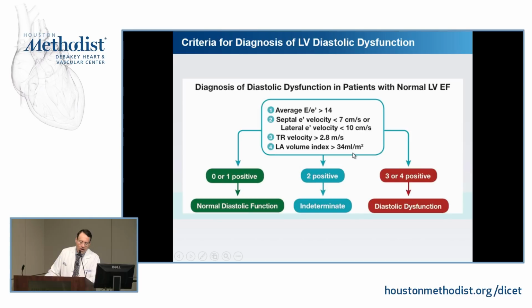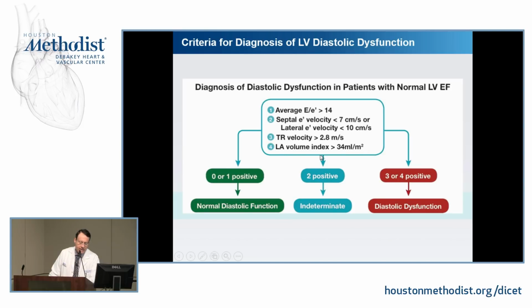Having said that, the upper limit of a normal LA volume index not only depends on the population that you study, but also depends on the methodology used to get LA volumes. NORSE showed some differences, and up to 10% of normal subjects, sorry, not patients, can have a value more than 34 mLs.